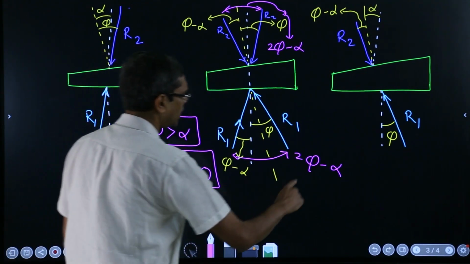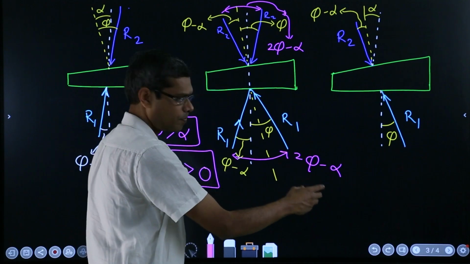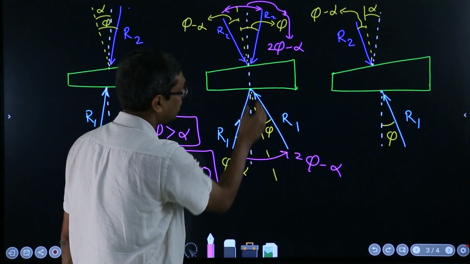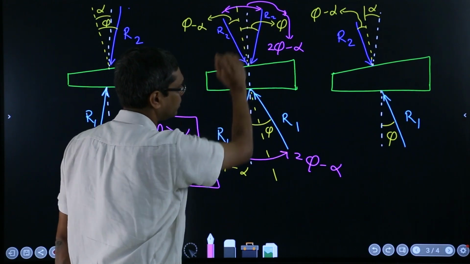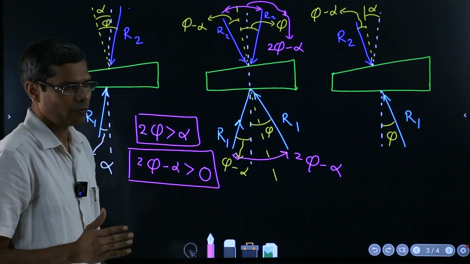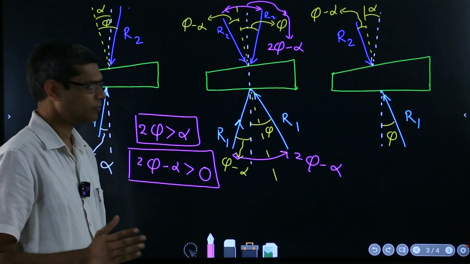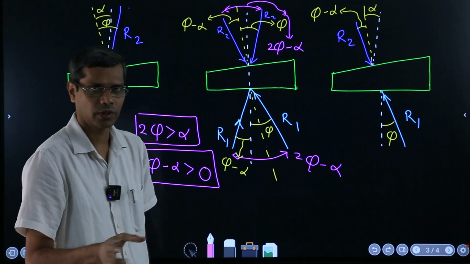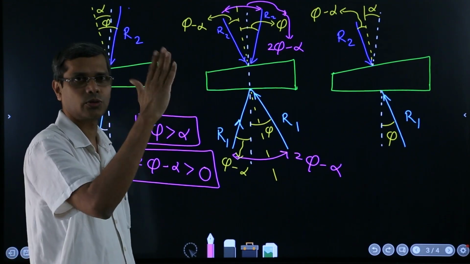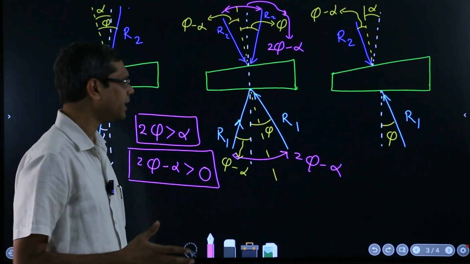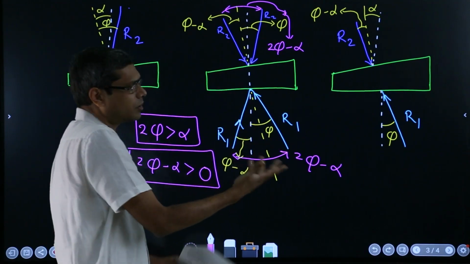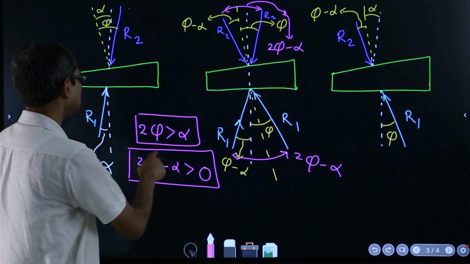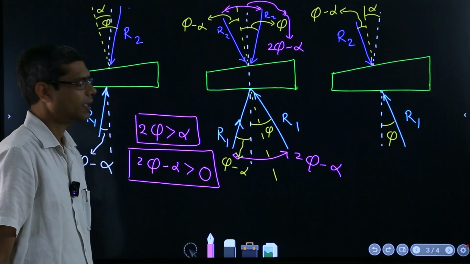See, suppose you are increasing alpha. So this zone is becoming narrower and narrower. This zone is also becoming narrower and narrower. And a point comes where you don't have any leeway. Okay, you don't have any space over which R1 and R2 can rotate. Then what happens? Then the balance cannot be sustained and the block will slide down. So this is the condition of self-locking.